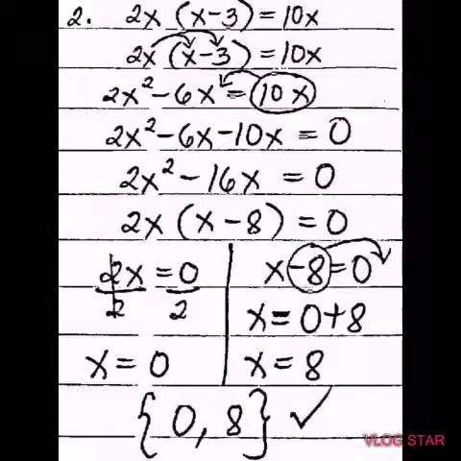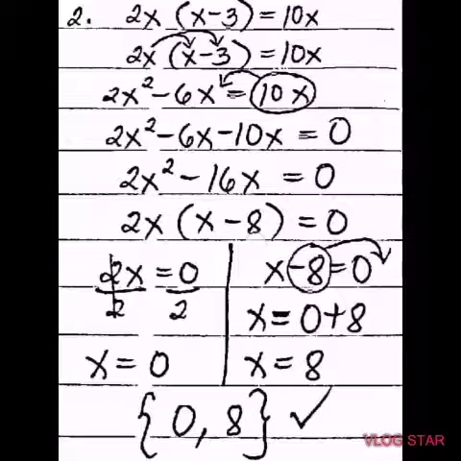We get the common term for 2x squared and negative 16x, and that is 2x. What is left inside the parentheses is x minus 8. If we multiply 2x and x, we will get 2x squared. If we multiply 2x to negative 8, it is negative 16x. That's why these are now the factors.